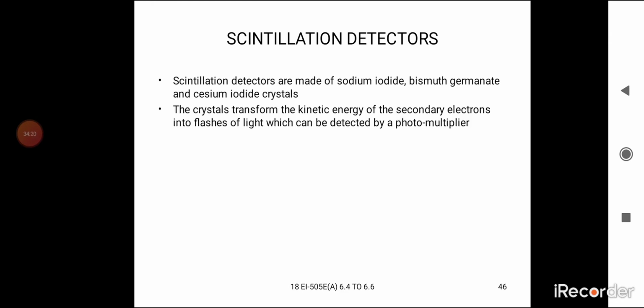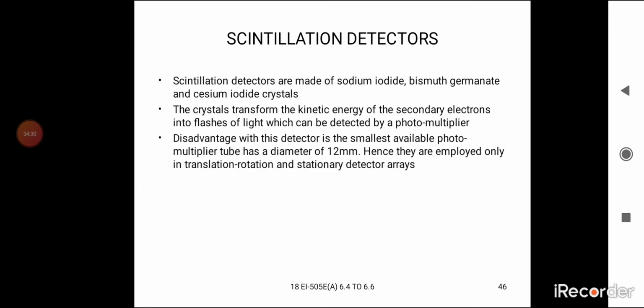The crystals transform the kinetic energy of secondary electrons into flashes of light, which can be detected by a photomultiplier. A disadvantage of this detector is that the smallest available photomultiplier tube has a diameter of 12 mm. Hence, they are employed only in translation-rotation and stationary detector arrays.